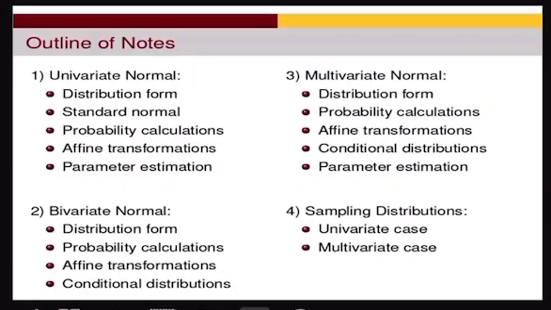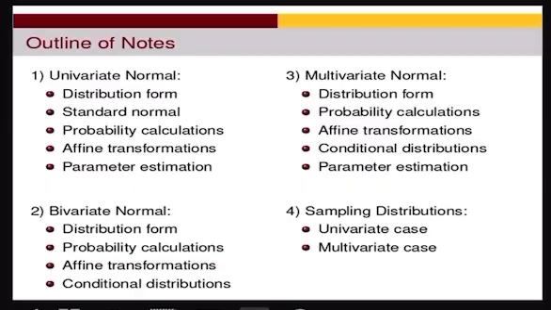I gave you the functional form of the distribution, and I walked you through the essence of standardization, the reason why we need to standardize a normal distribution: for simplicity of probabilistic computation. I also gave some probability calculations.